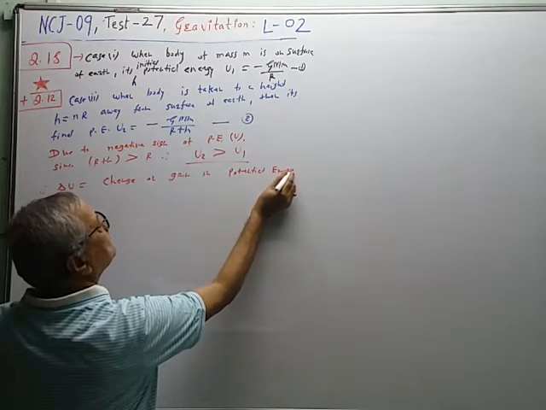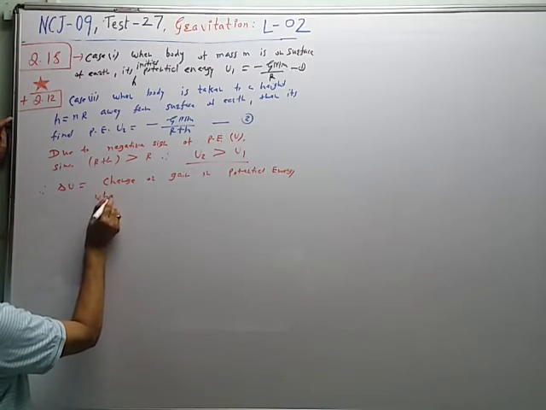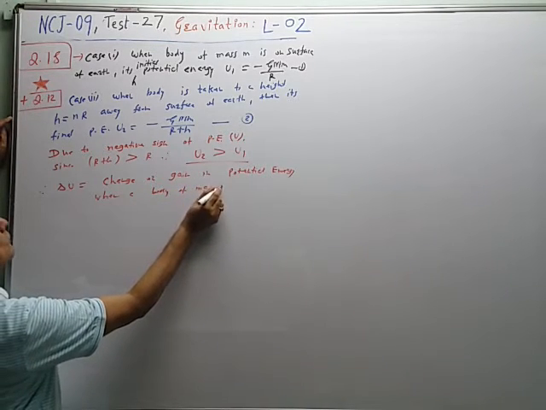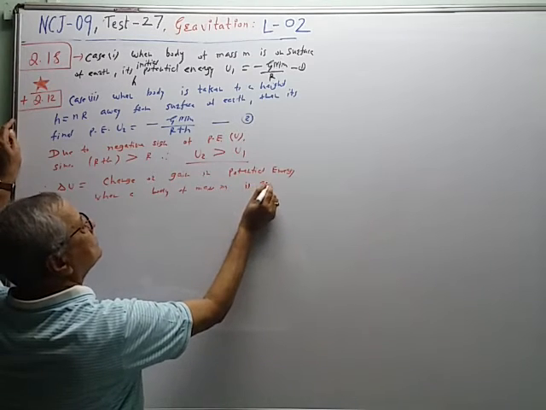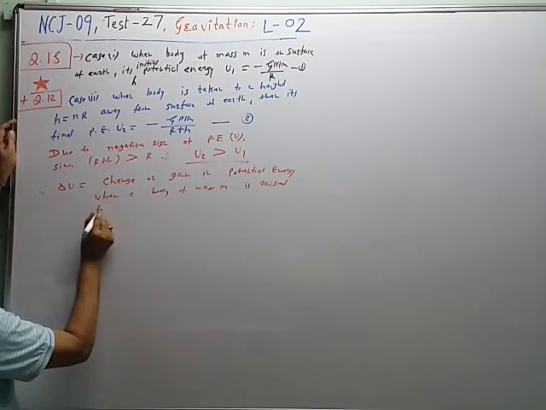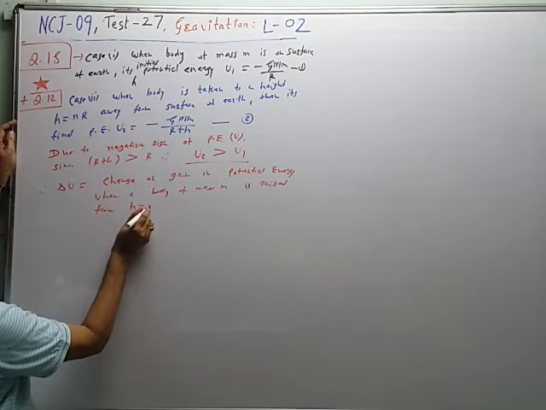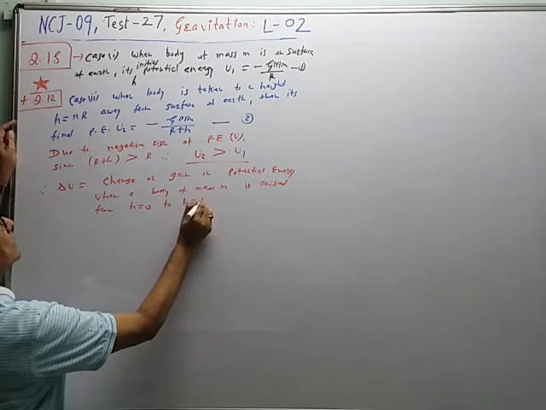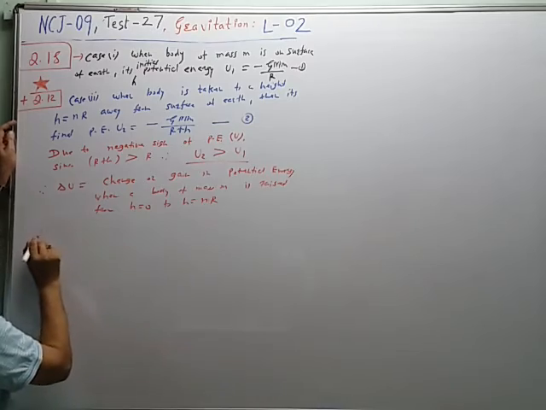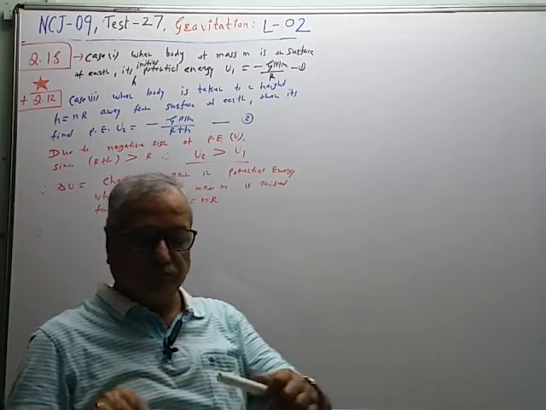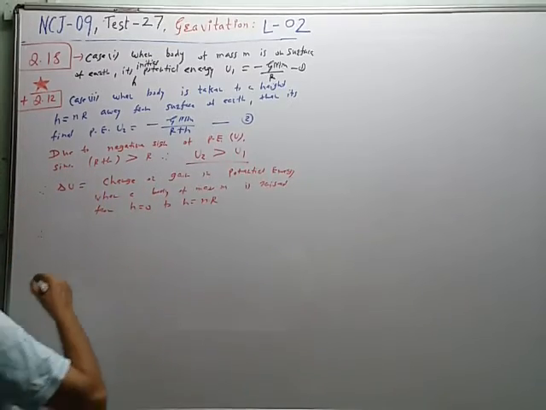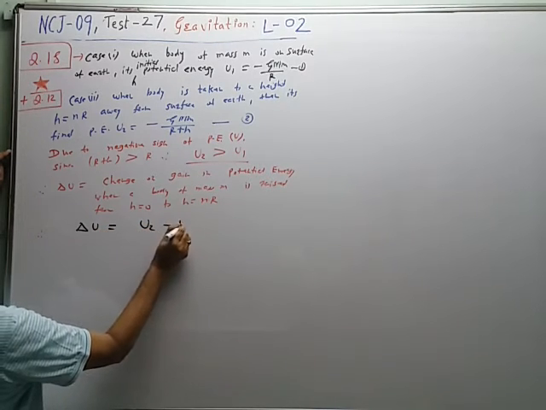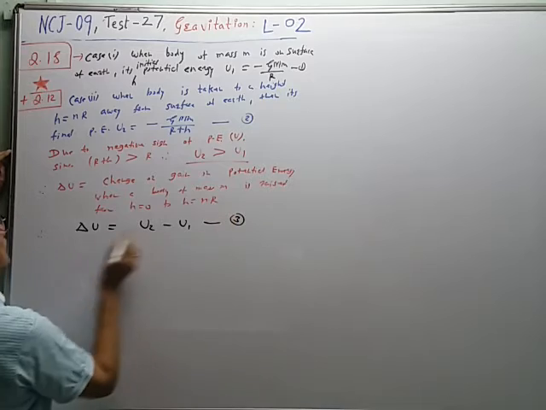When a body of mass m is raised from h is equal to 0 to h is equal to n times R, therefore delta U is equal to U2 minus U1. This is equation 3.